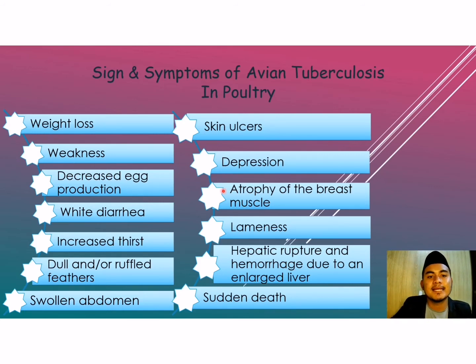The intestinal wall is thickened and pale, and there may be serosal masses. So that's all for avian tuberculosis in poultry from me. Thank you.